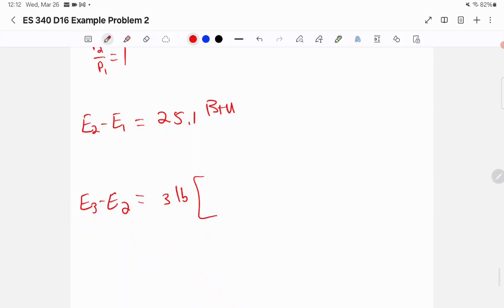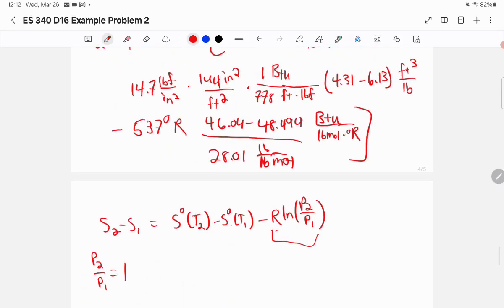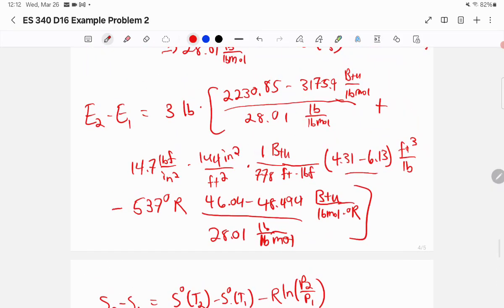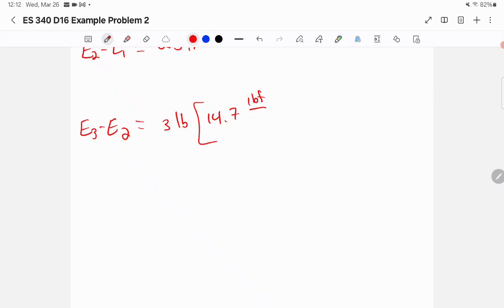So that means that I get 14.7, that's the P naught, times V3 in this case minus V1. So 14.7 pound force per inch squared times, again, the 144 inch squared per foot squared times the 1 BTU per 778 foot times pound force.